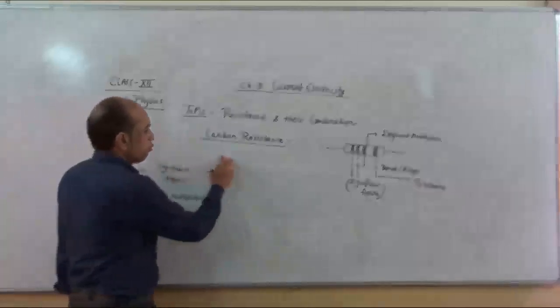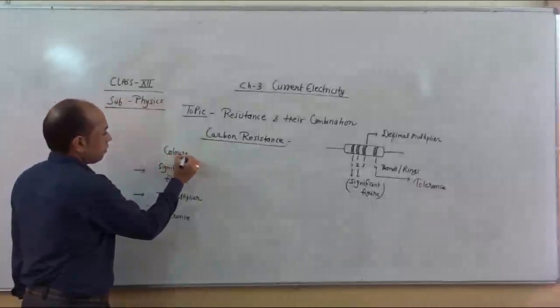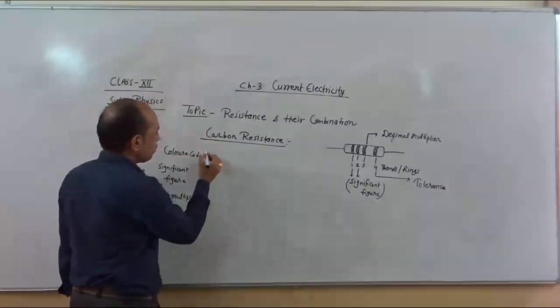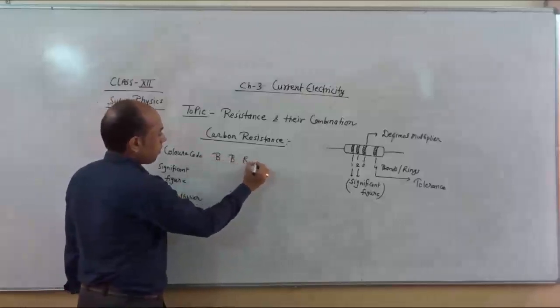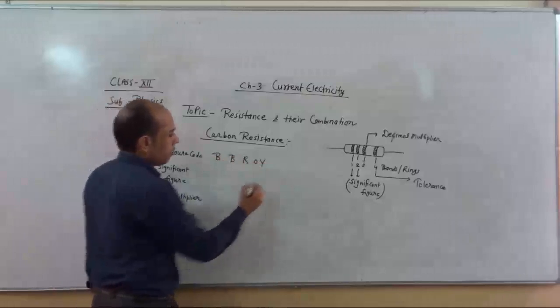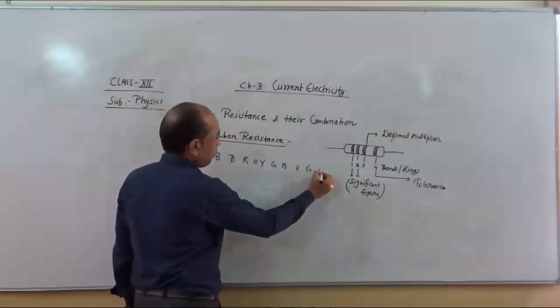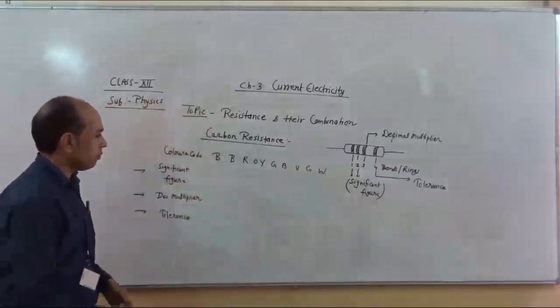First of all we choose the color code. For the color code you retain this line: B.B. Roy, Great Britain, very good wife. This is the way to learn this line.